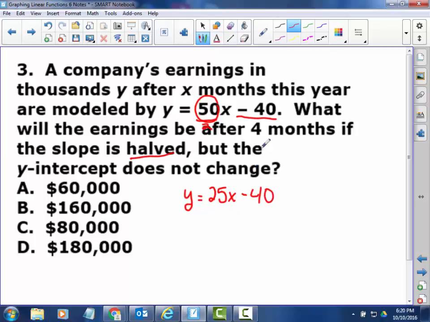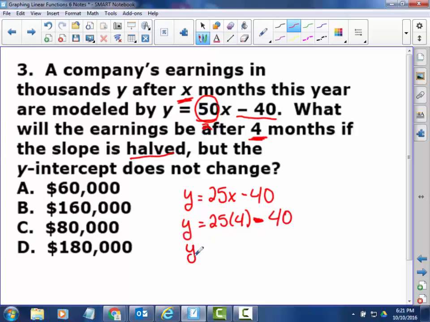But they didn't ask about my new equation. They said, what will the earnings be? So Y is my earnings in thousands. After X months, and X is going to be 4 because I want to know after 4 months. So my earnings Y after 4 months, Y equals 25 times 4, minus 40.